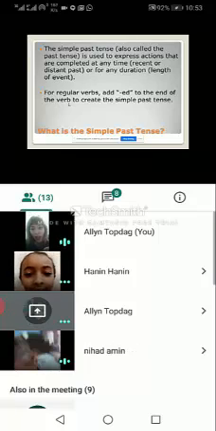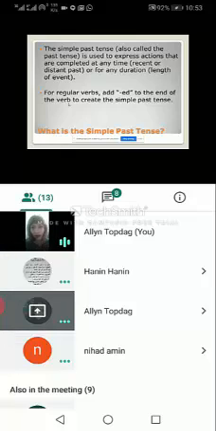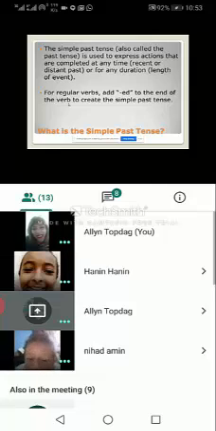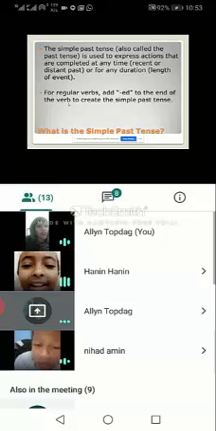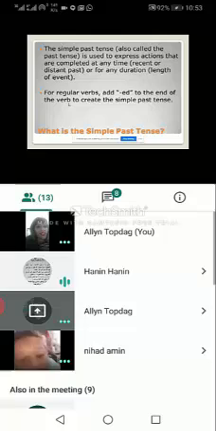For regular verbs, add ed to the end of the verb to create the simple past tense. So it was really clear, right? For example, jumped, add ed. These regular suffixes are used in order for you to identify that that particular verb has been used in a sentence to identify a past action. Easy.